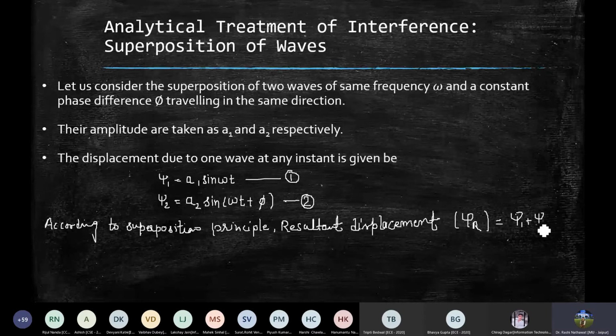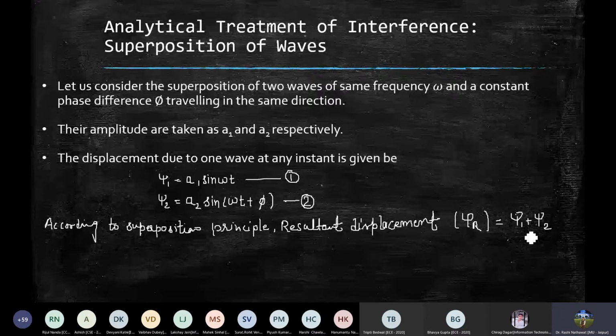As we say, we will just do the algebraic sum. So the resultant psi r is equal to psi1 plus psi2. In some books you will find it with y also, so don't be confused. We can take any notation. Here we are taking psi. You can take it as y also.